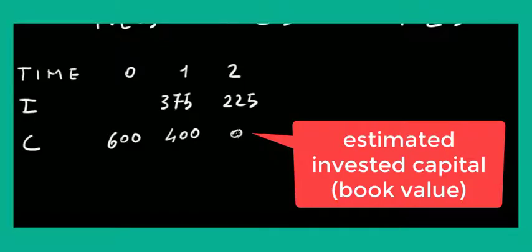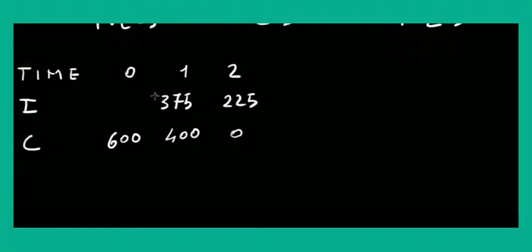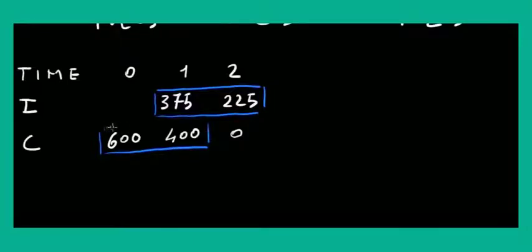Now, consider that we have two incomes at time 1 and time 2 respectively, and we have two capitals at time 0 and at time 1.